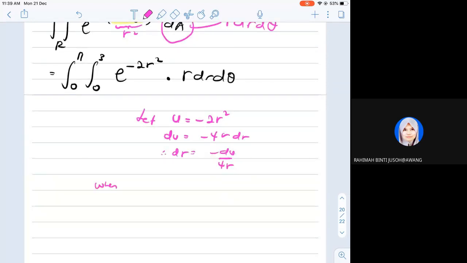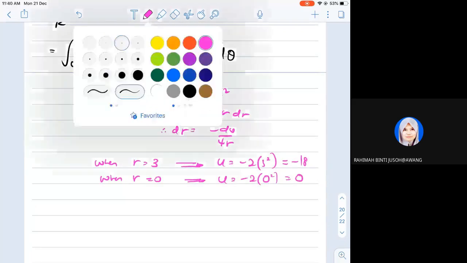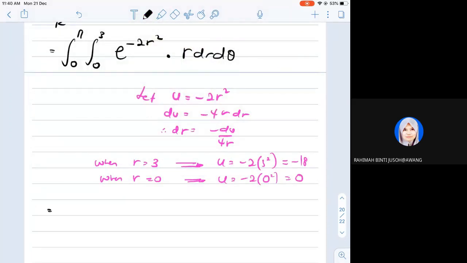So when r equals to 3, we have u equals to negative 2 times 3 squared. So negative 18. And then when r equals to 0, we will have u equals to negative 2 times 0 squared. So it will be 0. Okay, so let us change this. 0 until pi is maintained because we don't integrate with respect to theta yet.